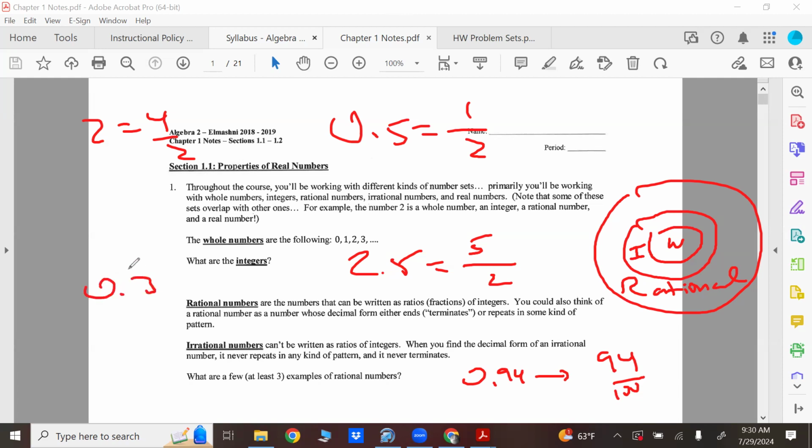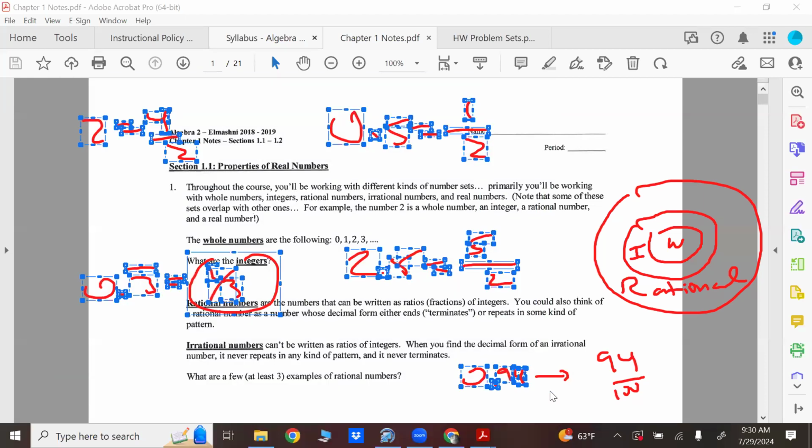Does anyone know what that is as a fraction? What's 0.3 repeating? That'd be 1 over what, guys? 1/3, right? Yeah, there you go. So totally that works. So those are all rational numbers, repeating or terminating decimals, or just a ratio of two integers. Now, irrational, total opposite.